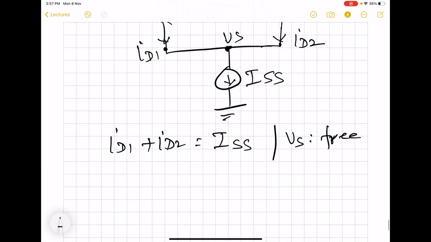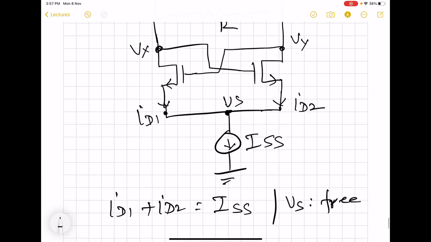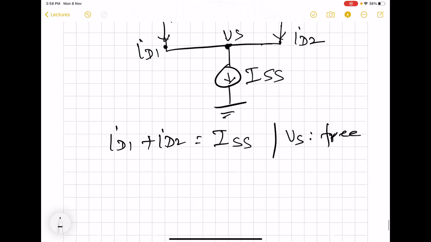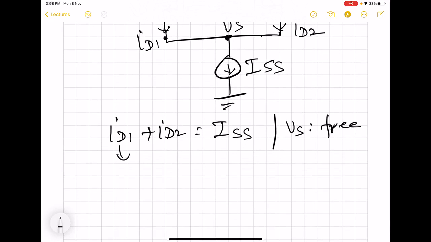So the AC part is going to be 0, but now VS can change based upon any other fluctuation. So this will contain both DC and AC.